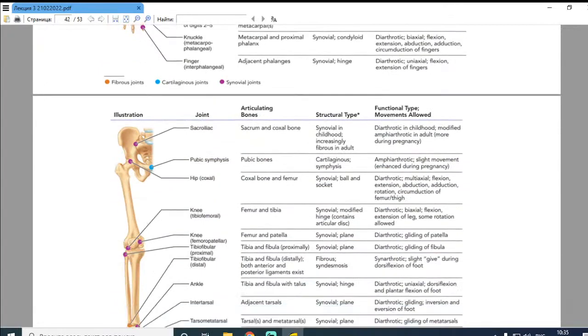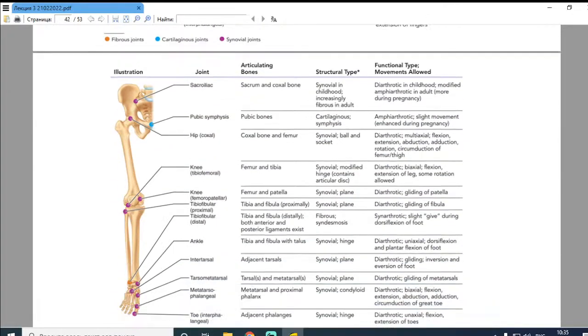For example, joints of the bones of the lower limb: the sacroiliac joint includes two articulating bones, the sacrum, what you see, and the coxal bone.